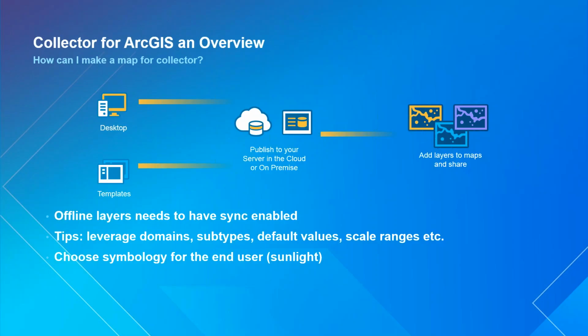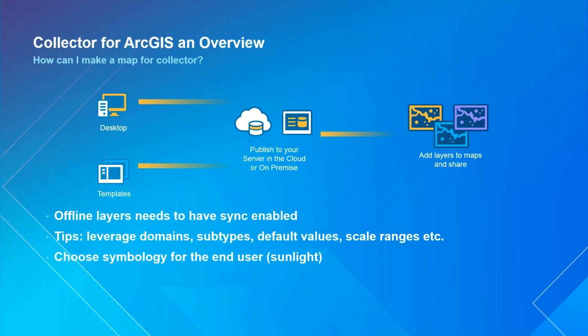So one of the key things is when you create a map for Collector, you have to make sure that the layer that you're doing the collecting on is actually edit enabled. It's easy to skip past that, and I'll show you where to do that. If you're going to take layers offline, which I'm going to talk about in a little bit, you've got to have sync enabled. So there's all these parameters and things that you want to be able to do.